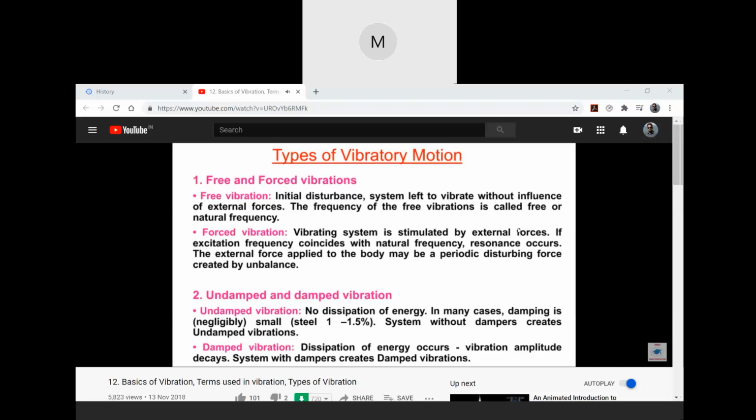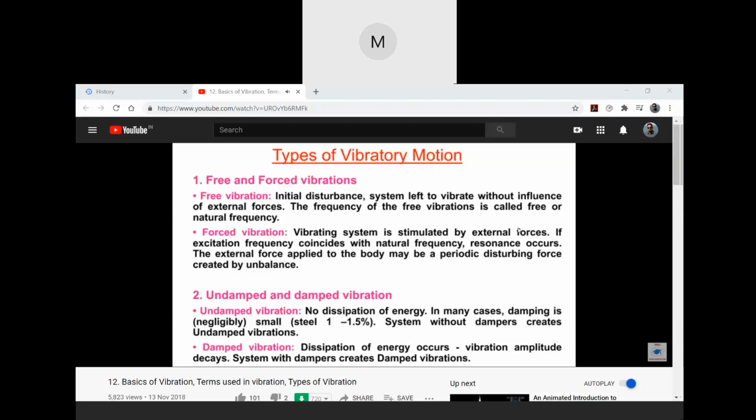Second, undamped and damped vibration. What is undamped vibration? When no dissipation of energy is there, this type of vibration is called undamped vibration. What is damping? We have studied previously: damping is resistance to vibration. That means no resistance to vibration due to dampers.